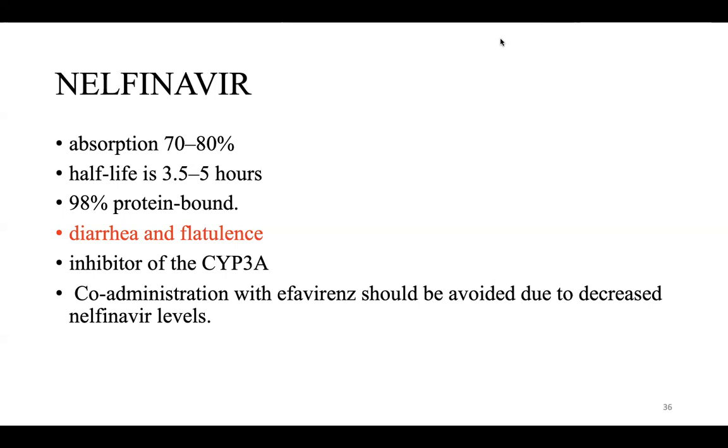Most common adverse effects associated with nelfinavir are diarrhea and flatulence. Diarrhea often responds to anti-diarrheal medication but can be dose-limiting. Nelfinavir is an inhibitor of the cytochrome P3A system, and multiple drug interactions may occur.